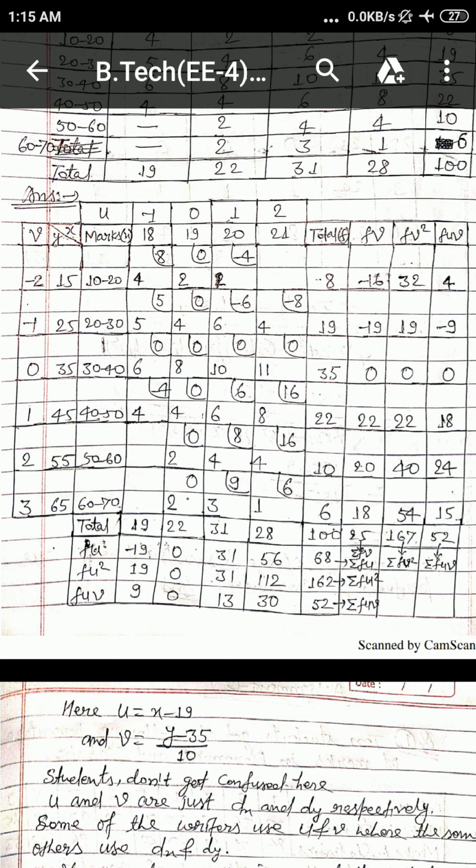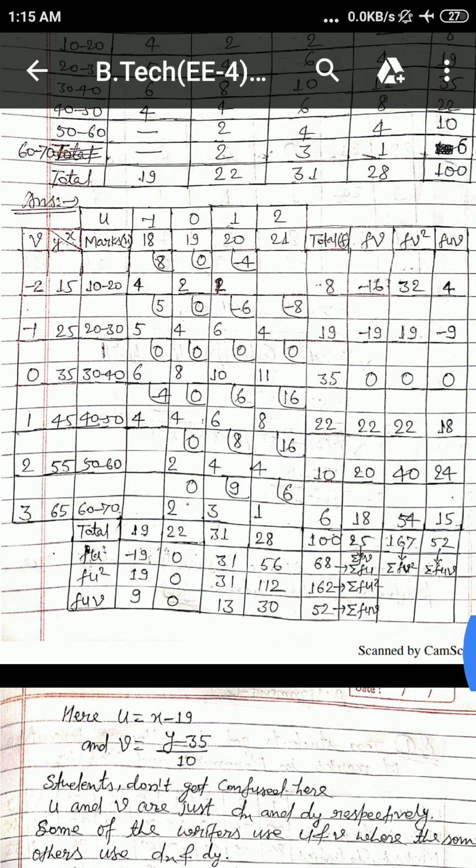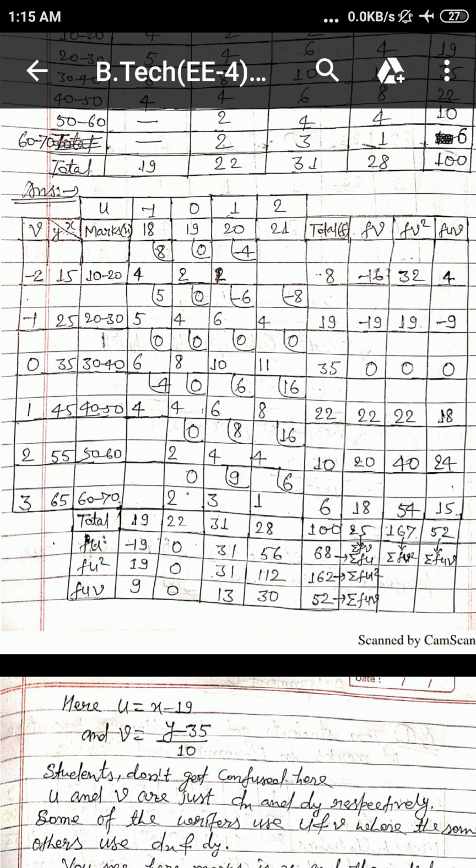Now what we see here, particularly when you subtract 19 from all of the values of x, the values are minus 1, 0, 1, 2. But when we subtract 35 from all of the y, for example 15 minus 35, the remaining is minus 20.